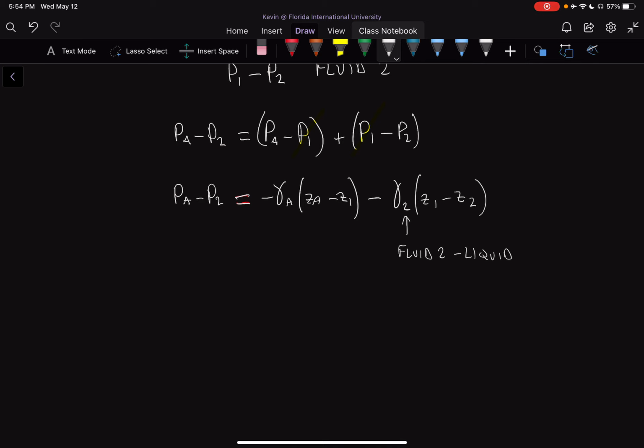We can also change the specific weight to density and gravity, if we want to. So fluid A, let's bring everything to one side. So PA plus this term here goes to the left, plus specific weight A, which is also equal to rho 1 times G.